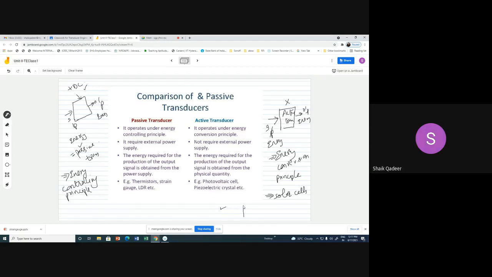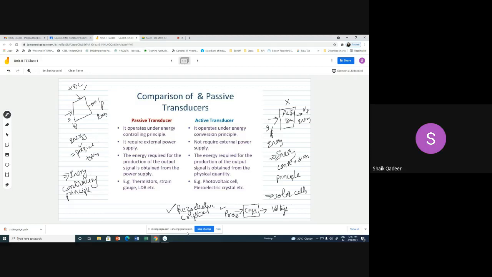So this is a crystal to which we apply input pressure and it gives at the output side what? Voltage. Right? This is called a piezoelectric crystal. I think it is clear to everybody. Yes, sir.